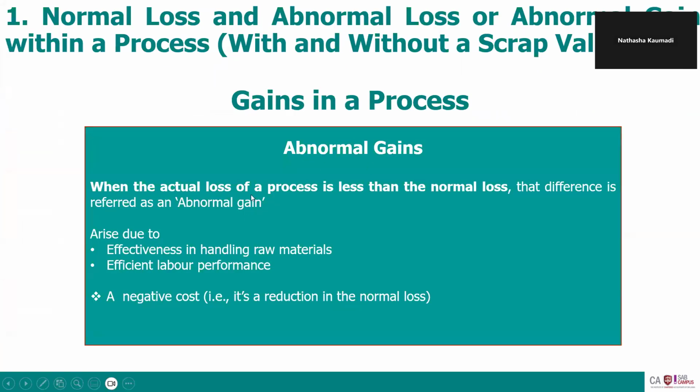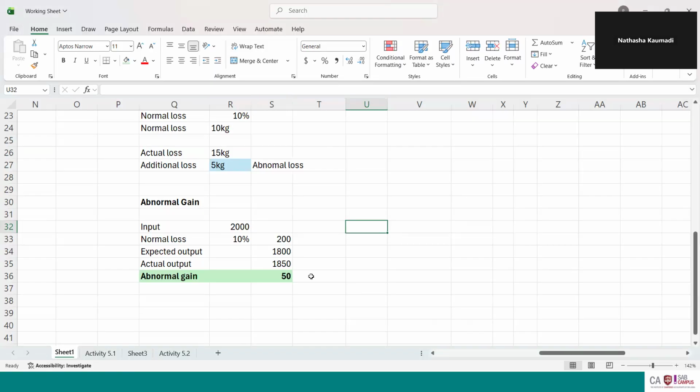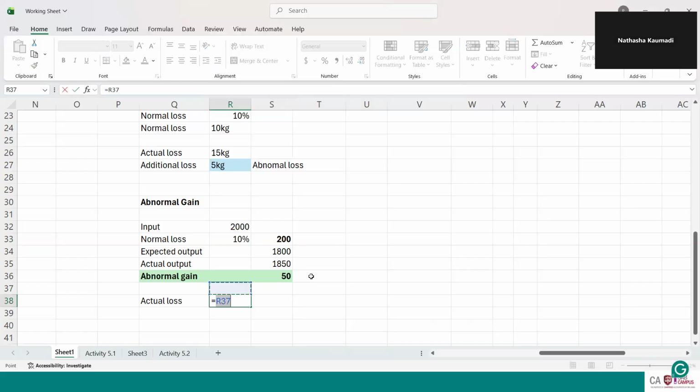When the actual loss of a process is less than the normal loss, see, what is your actual loss here? Just calculate. You expected your loss as 200 units. But what is your actual loss? You have put in 2000 and you have taken an actual output of 1850.